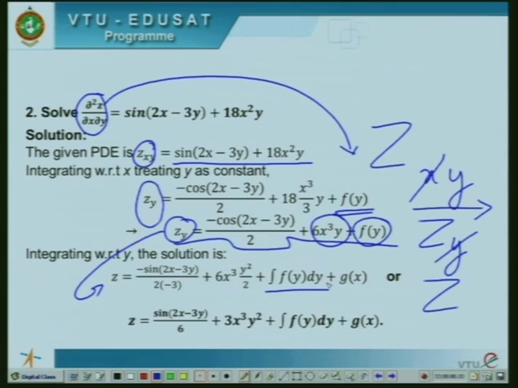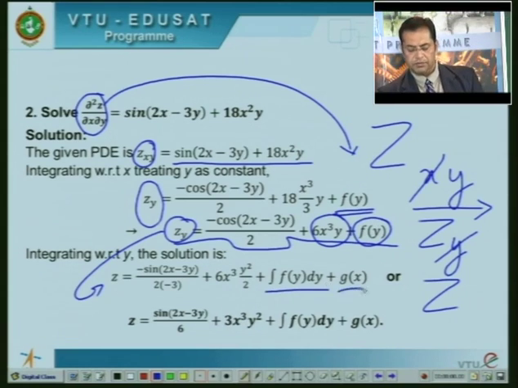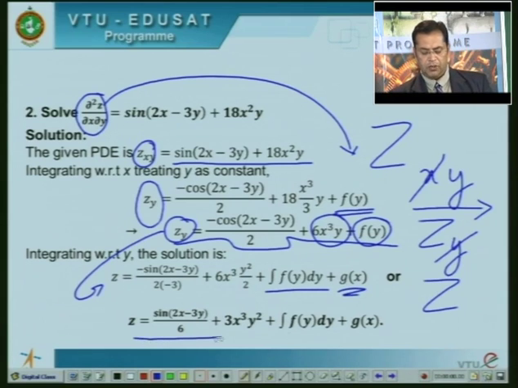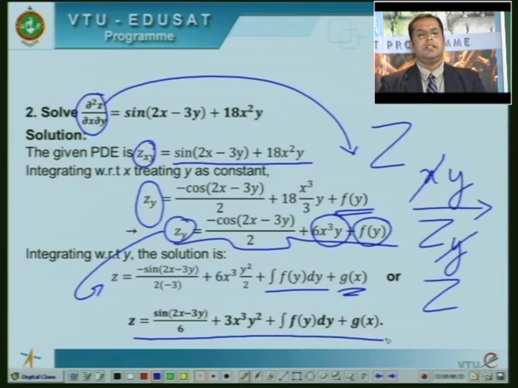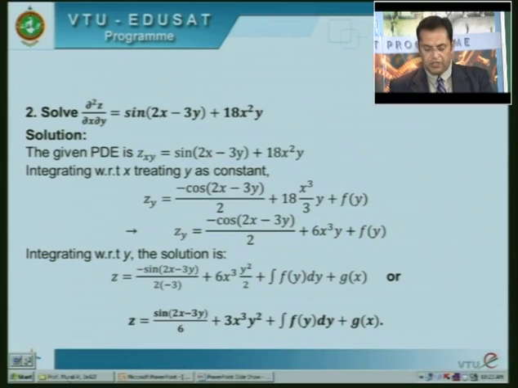You can leave it as it is, plus finally the constant with respect to x, which is the function g of x. So, z equal to sine 2x minus 3y by 6 plus 3x cube y square plus integral f of y dy plus g of x is the required solution of the PDE.